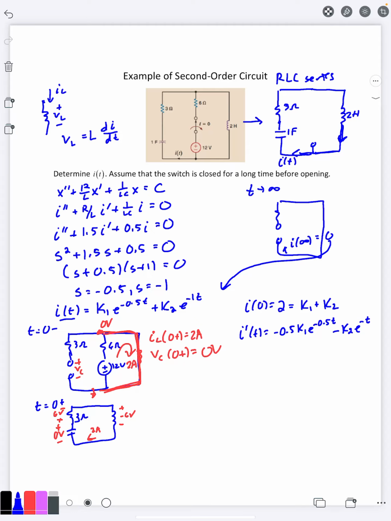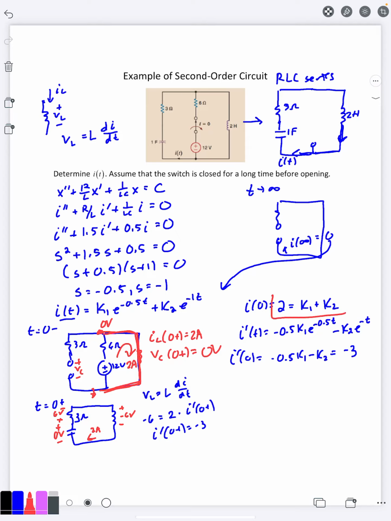So that means that V is L di dt. So VL of 0 plus is negative 6. My L is 2. That means my I prime of 0 plus is supposed to be negative 3 from the initial conditions here. So I prime of 0 is negative 0.5 K1 minus K2, which is going to equal negative 3.